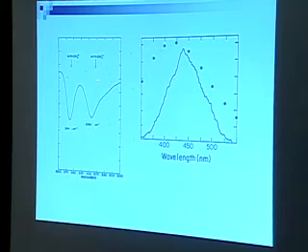This is an electrode that we held at the redox potential, so it's a 50-50 mixture of both of them, and we see both peaks. But if we had the electrode held at a very oxidizing potential, we just see this peak, and at a reducing potential, we just see this peak.